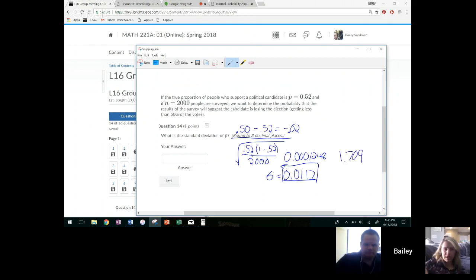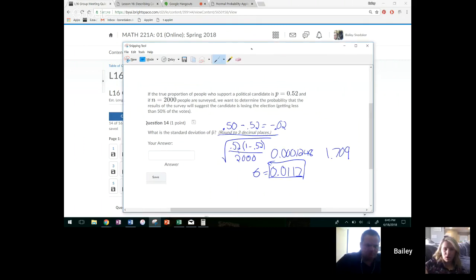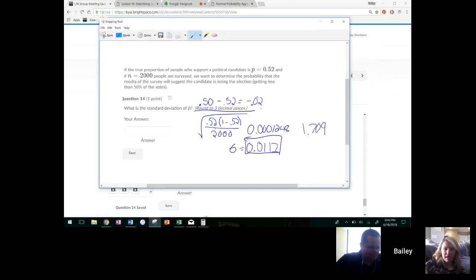Okay, how'd you get that? 0.5 minus 0.52 is negative 0.02 for p hat minus p, and then you divide that by the standard deviation down here.